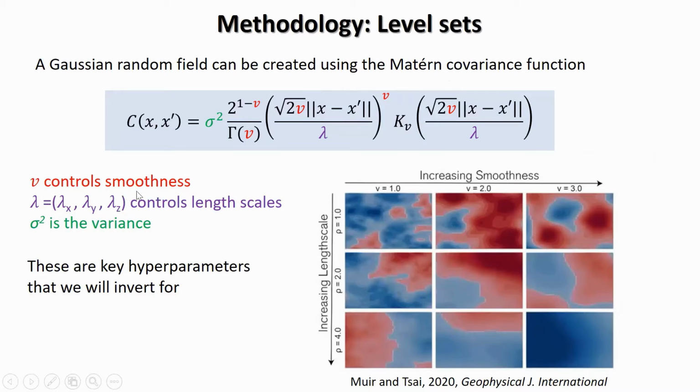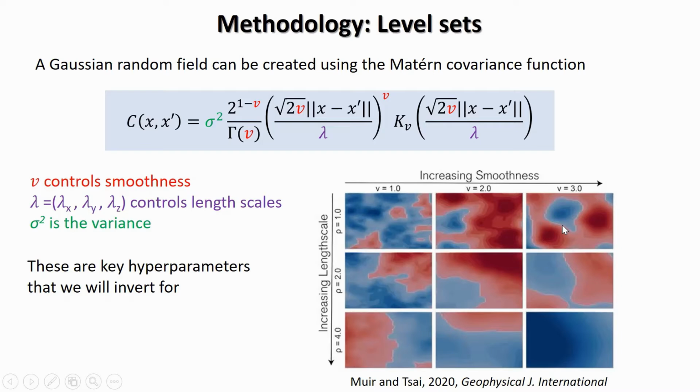We've got a smoothness parameter, we've got correlation length scales, and we've got variance. And so we show in the image here on the right, in the bottom right, how if we change the smoothing or if we change the correlation length, we see different kinds of structures. And these are thresholded in this example to show red and blue zones.